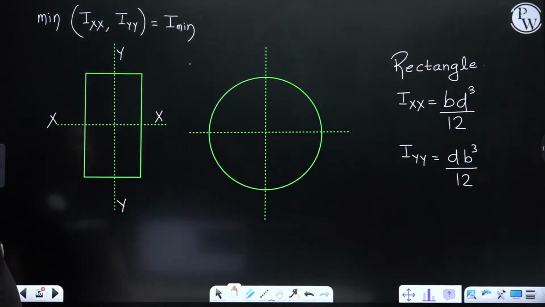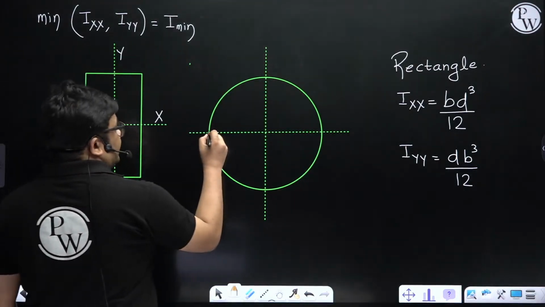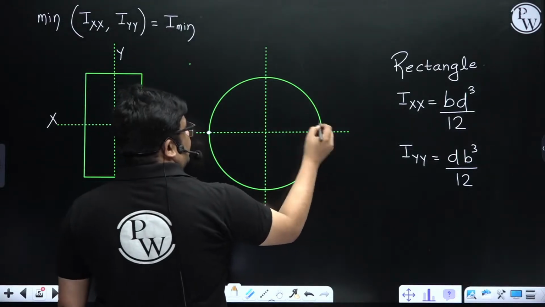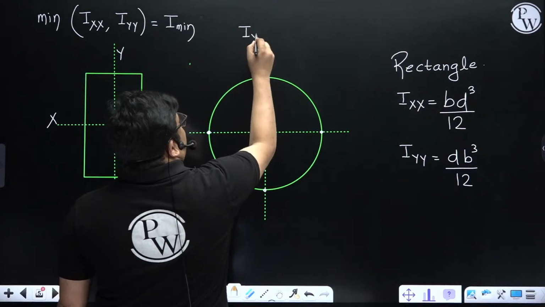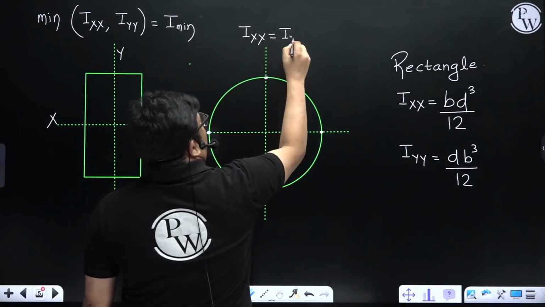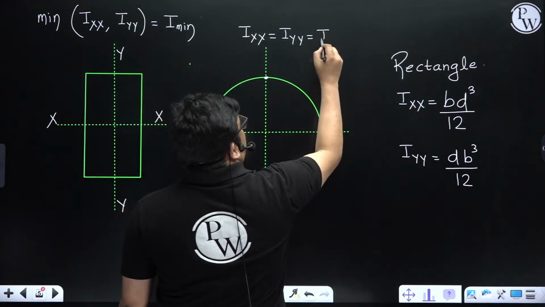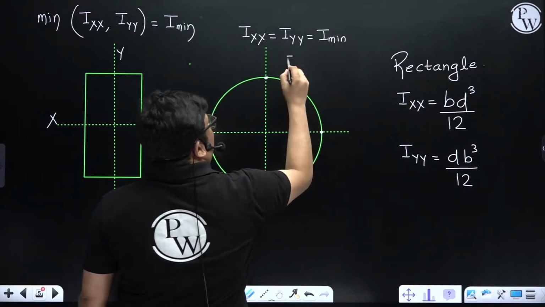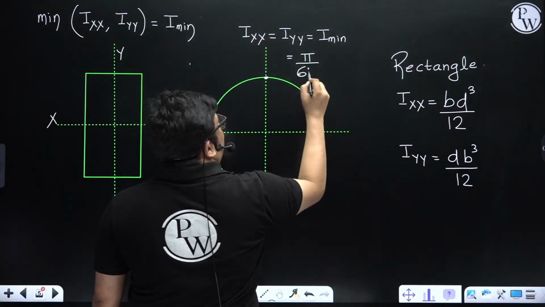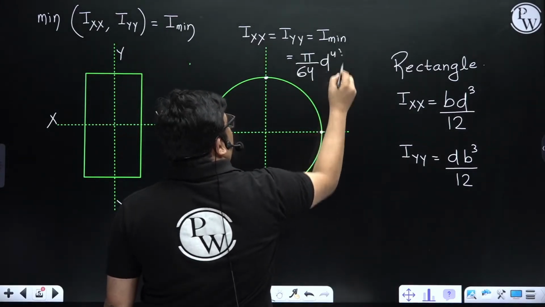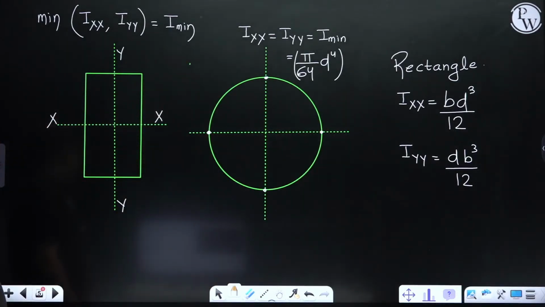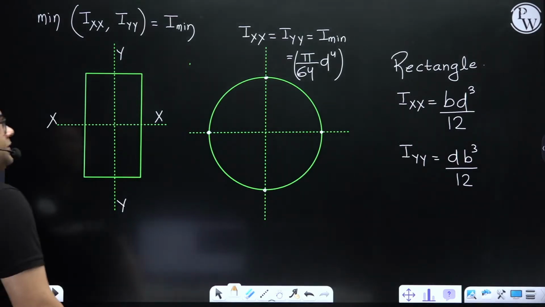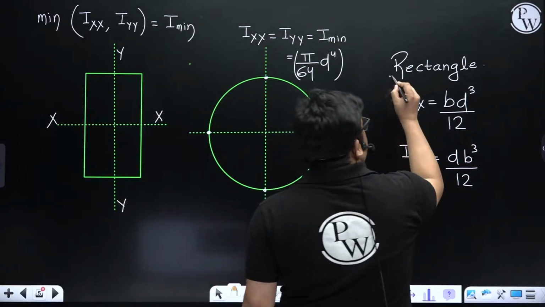For a circle, both are the same, so Ixx equals Iyy equals I minimum, which equals pi by 64 d to the power 4. We have to remember these things: this is for a rectangle and this is for a circle.